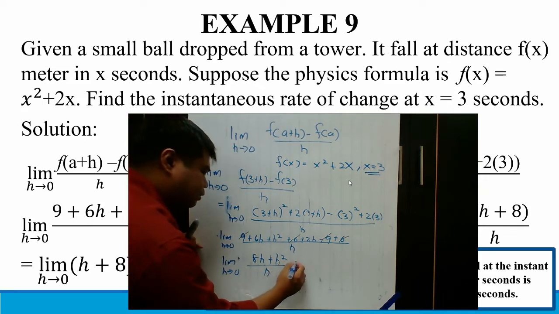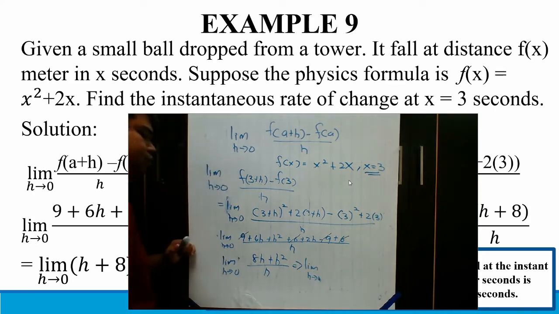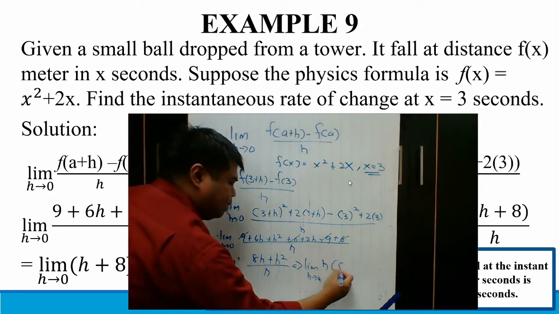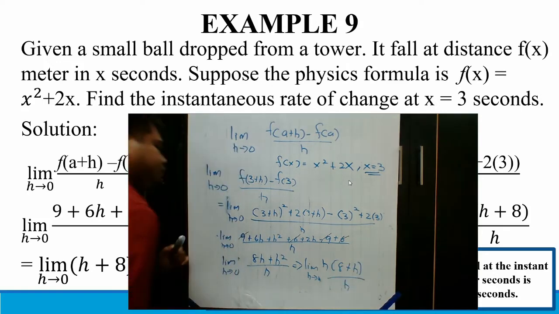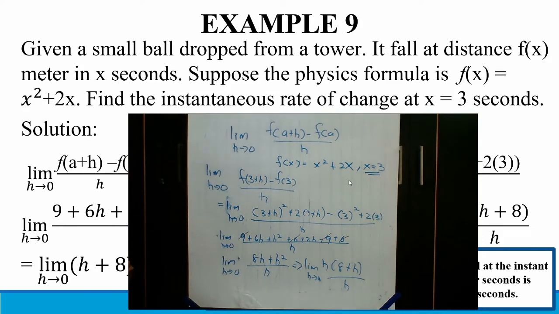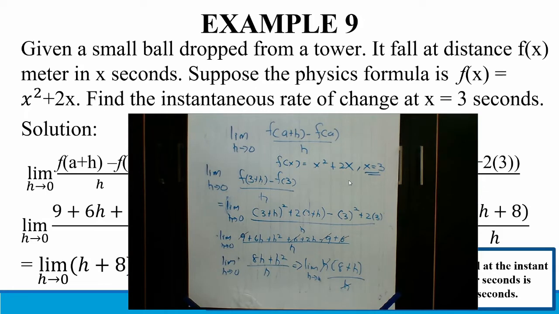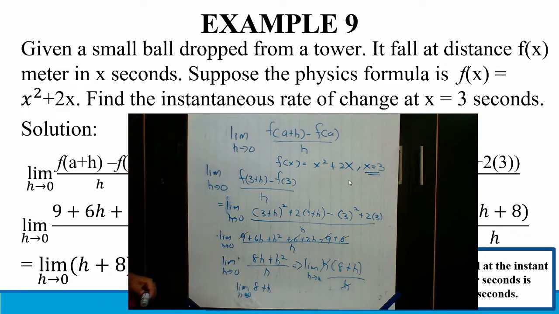Then I factorize h, and we get 8 plus h, divided by h. I can eliminate this h. The limit as h approaches 0 of 8 plus h.